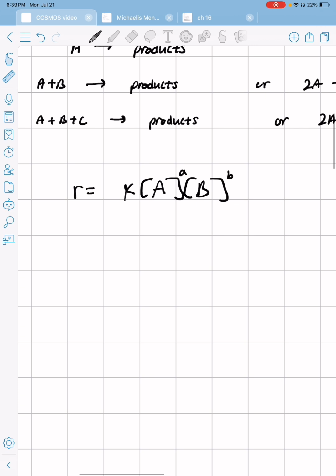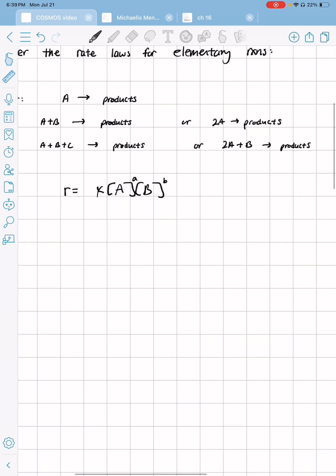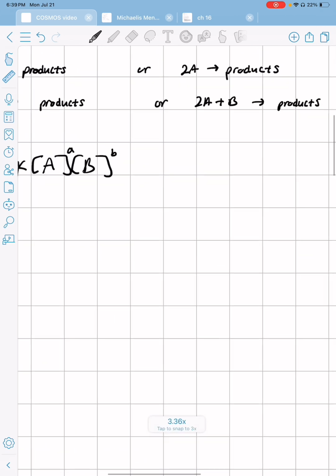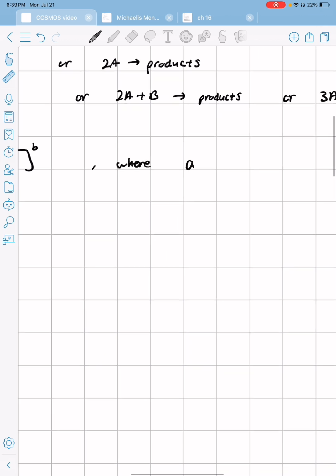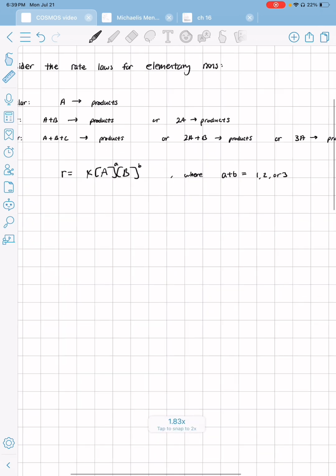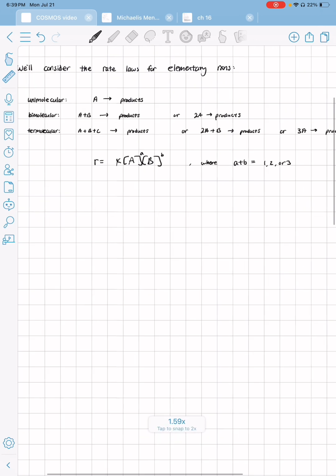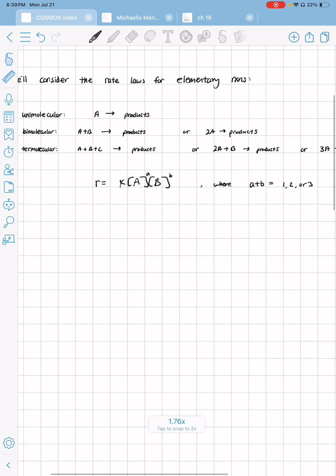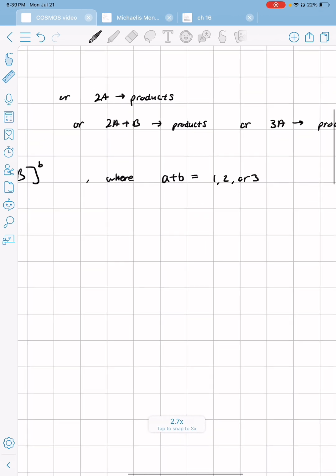I'm going to put A and B up here as the exponents, which are not really the stoichiometric coefficients. We want A plus B to equal 1, 2, or 3, since a termolecular reaction does not happen very often, and that's just being consistent.